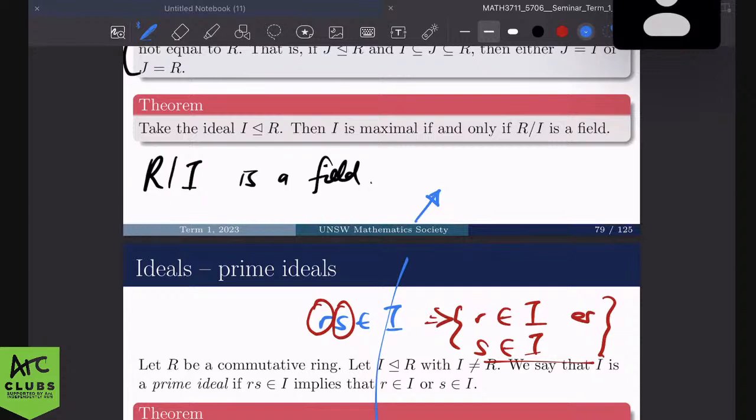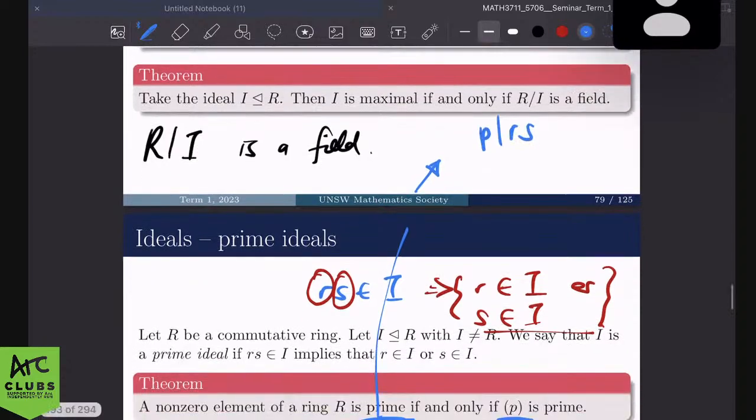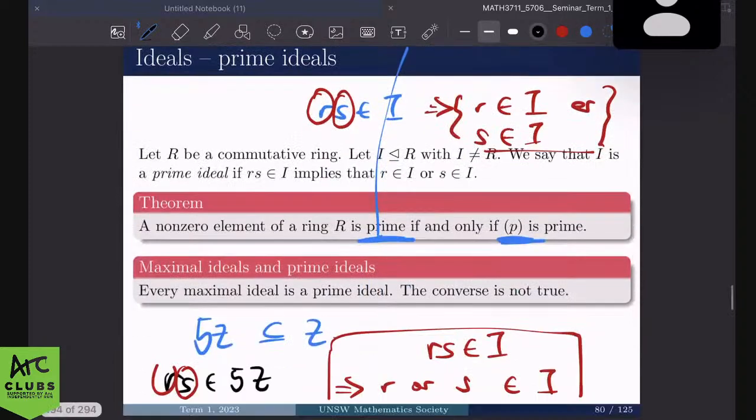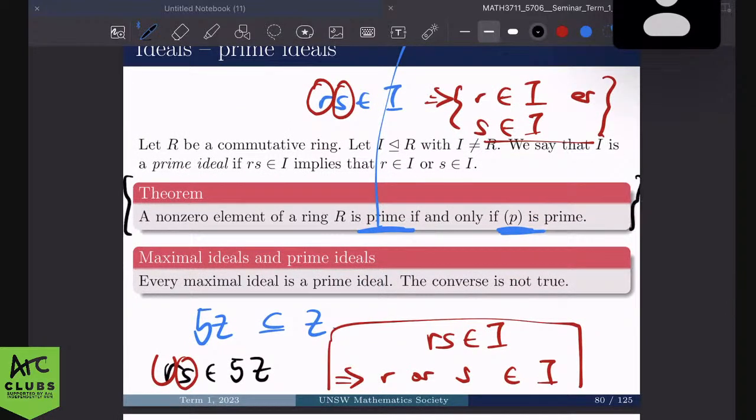So basically p dividing rs implies that p divides r, or p divides s. That's what it means for a number p to be prime. Okay. But yeah, there are these two definitions of prime things that are very interrelated, and they're worth remembering.